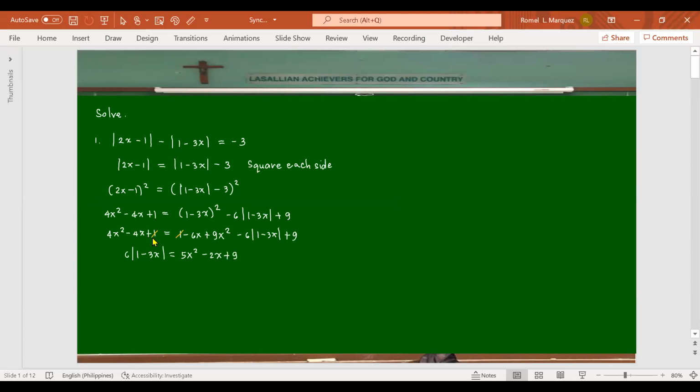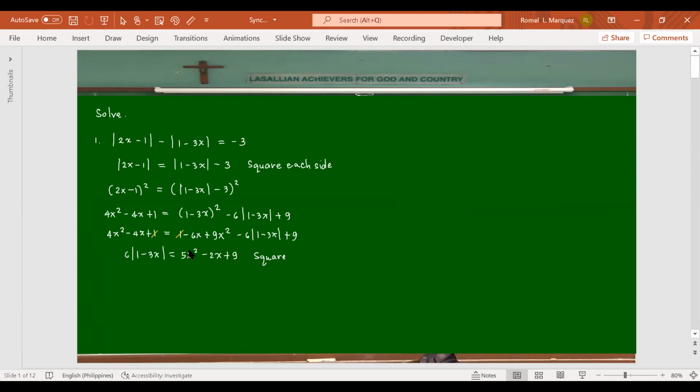So we need to get rid of this absolute value, no? To remove the absolute value, we have to square its side again. But squaring will give you what?